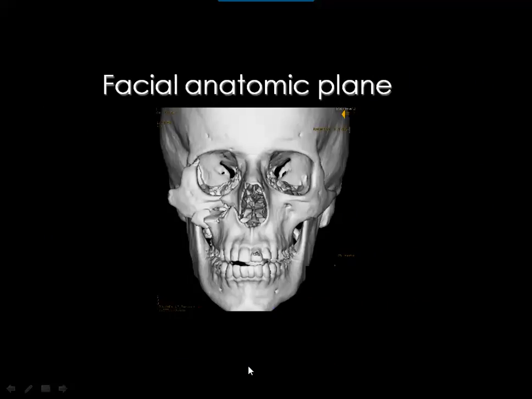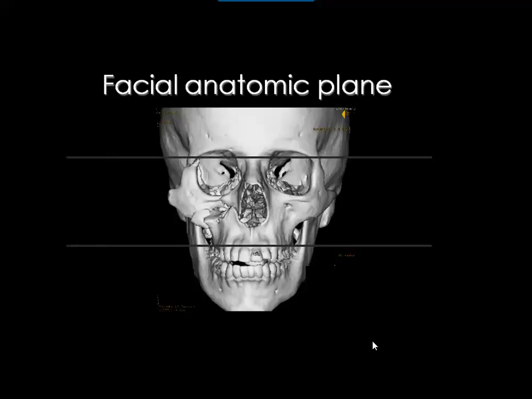Then from the anatomic point of view, the face is divided into 3 parts. The first division line passes just below the orbital roof, and the second passes through the alveolar margin. So we have the upper face, which is made of the frontal sinuses, the frontal bone, and the orbital roof.